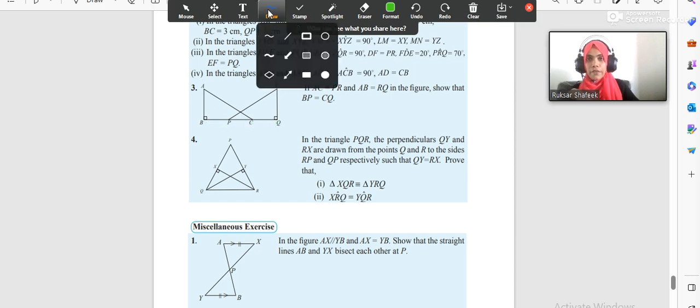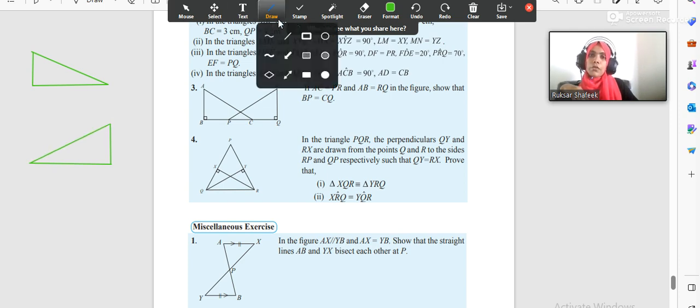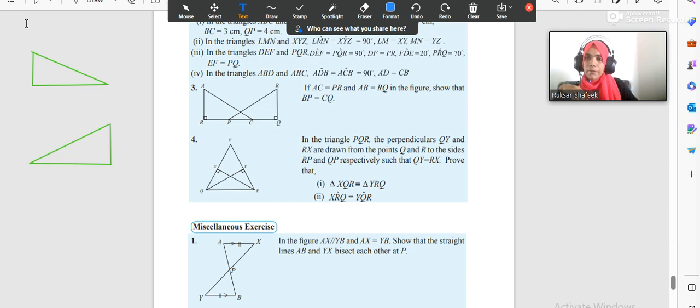So, if I am drawing these two triangles separately, this will be my triangle ABC. So, let me just quickly draw that. This is my triangle ABC and this is my triangle PQR. So, it is somewhat the same thing, alright. In this case, if I am going to label them as well, this is A, B and C, and P is here.